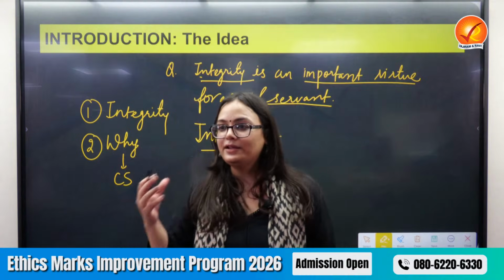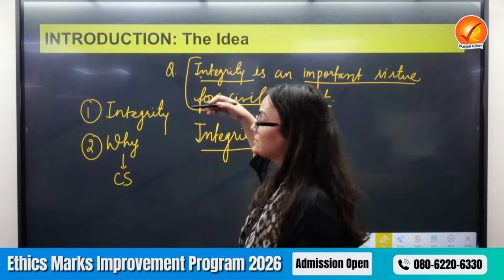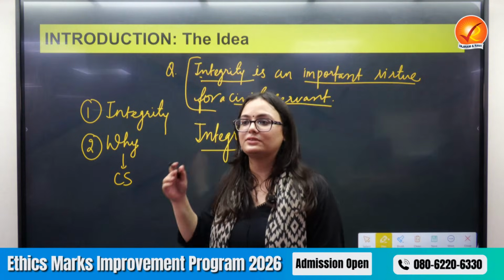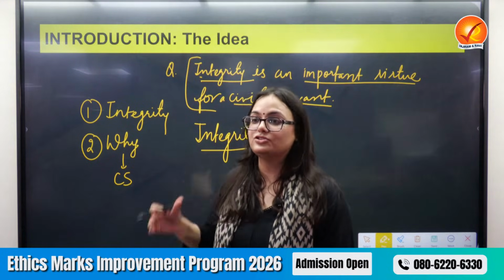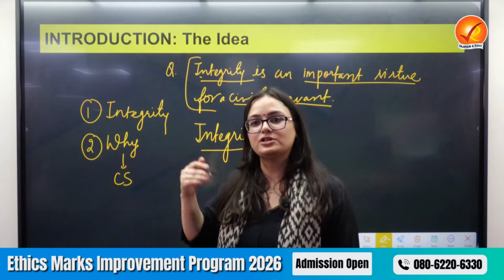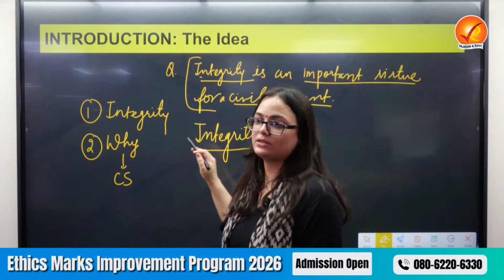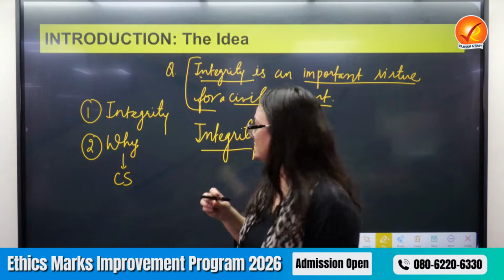So when you write an introduction, you have to make sure that even if the examiner has come directly to my answer without even reading the question, he also understands and gets the gist of what the question must be. Even if he has not read the question, he should be able to tell what the question is by reading your introduction. Is it clear?